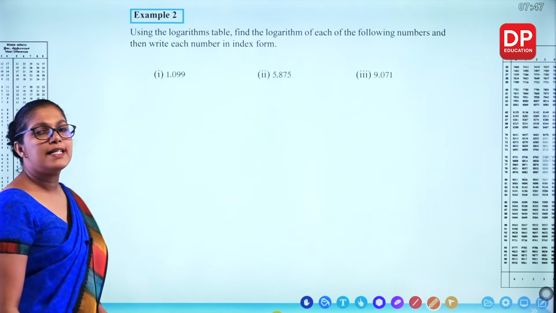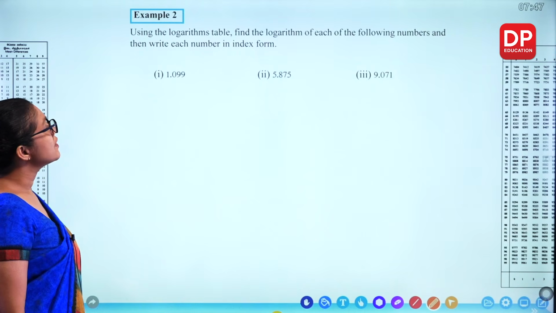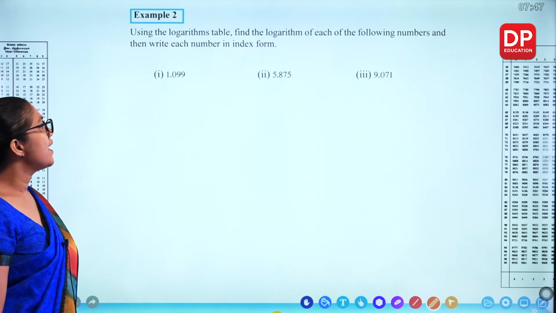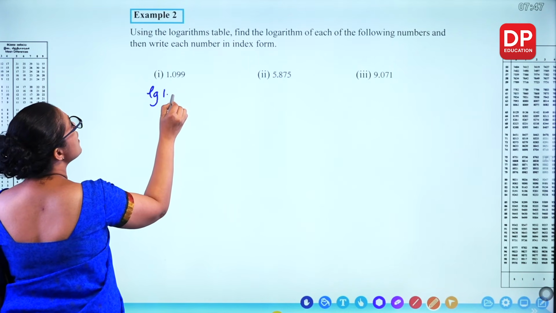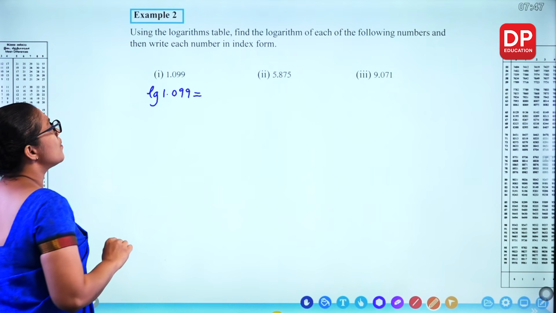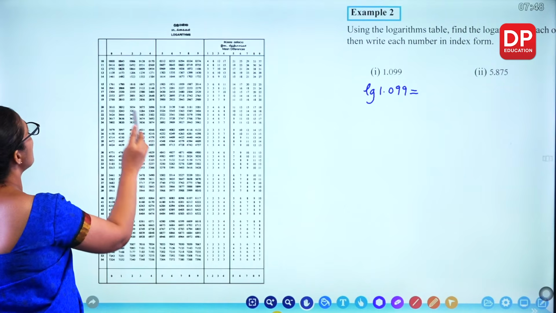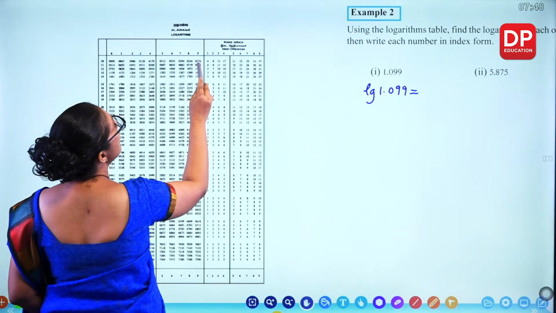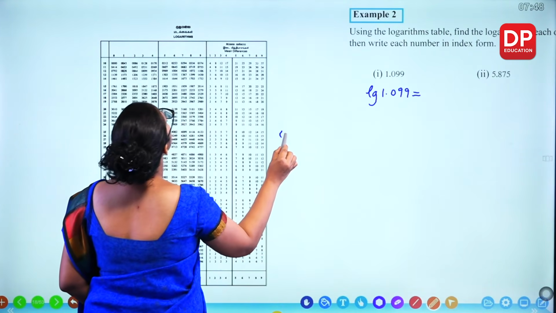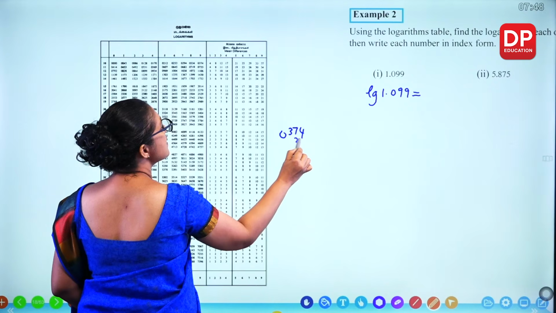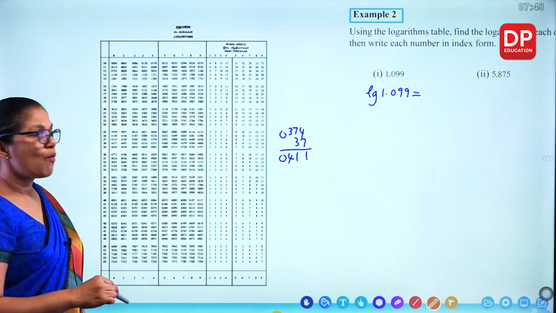Example number 2. Using the logarithms table, find the logarithm of each of the following numbers and then write each number in index form. So what's the first number? 1.099. You can write it down using the log tables. LG 1.099 is equal to: refer to 109 from the first table, and you have to add 9 from the difference column, 0374 plus 37, which gives 0411.